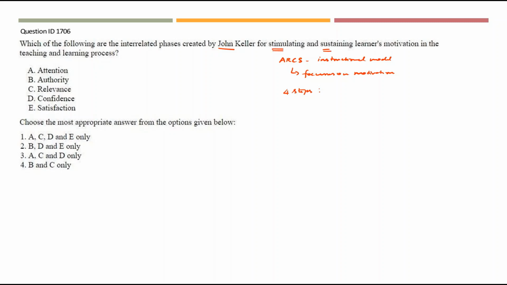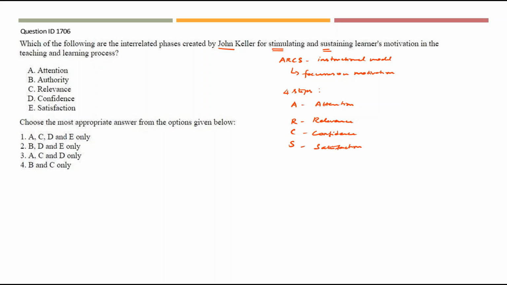Promoting and sustaining, stimulating and sustaining both mean the same. What are the 4 steps? The 4 steps are nothing but the expansion of ARCS. A stands for attention, R stands for relevance, C stands for confidence, S stands for satisfaction.